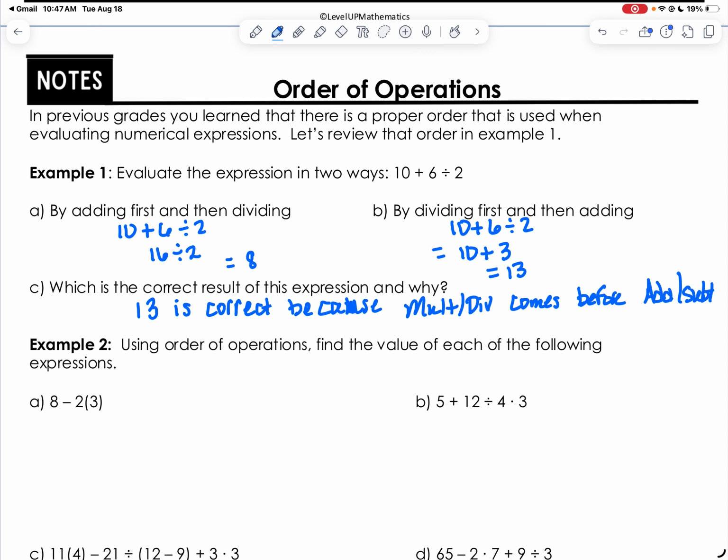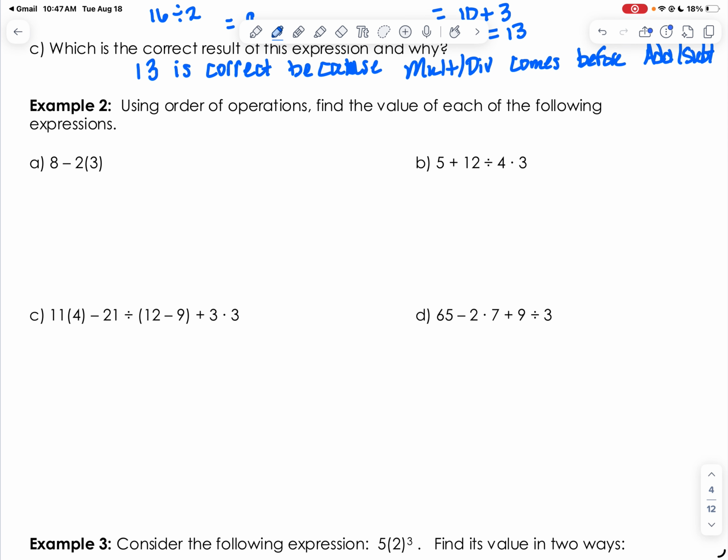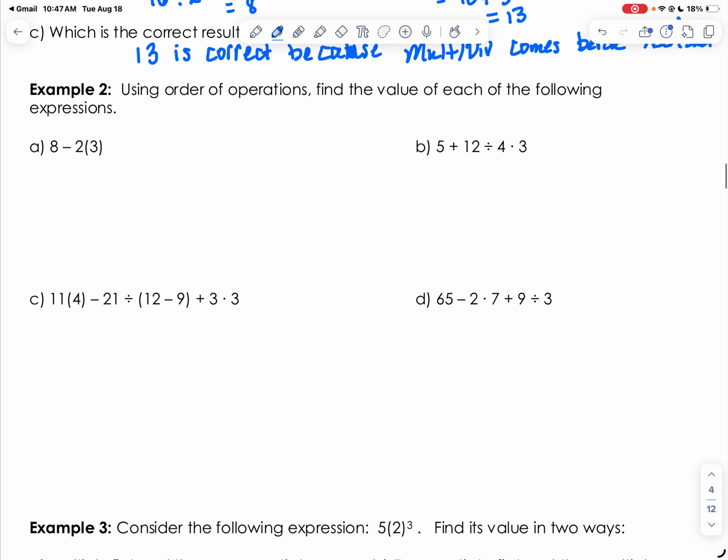Generally, we say that we do the strongest operation first, and division is considered to be a stronger operation than addition.